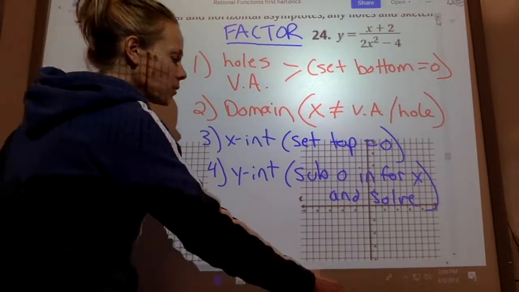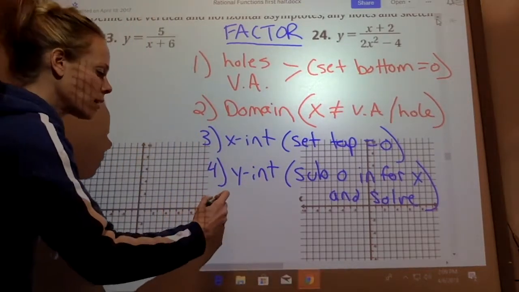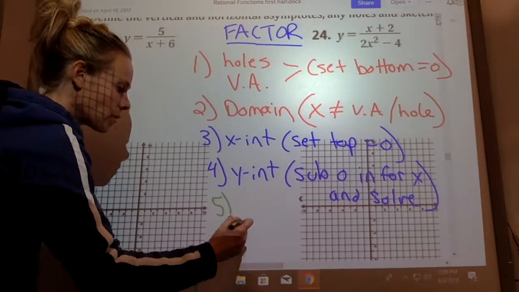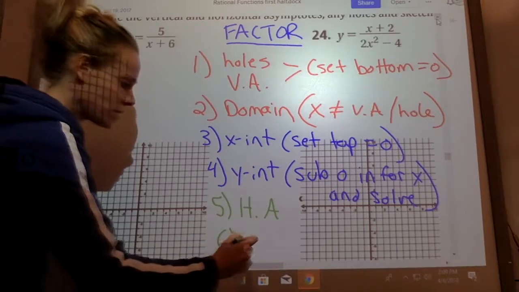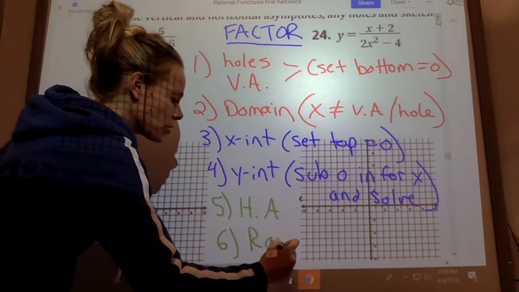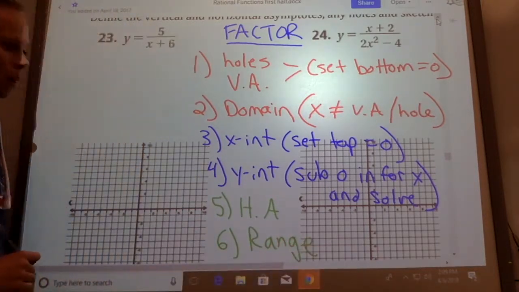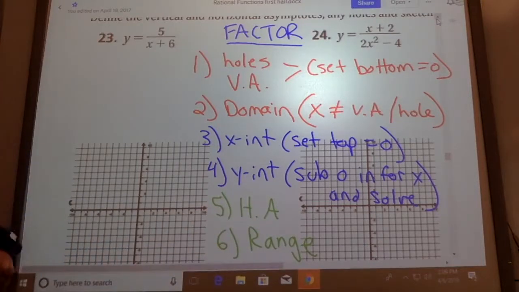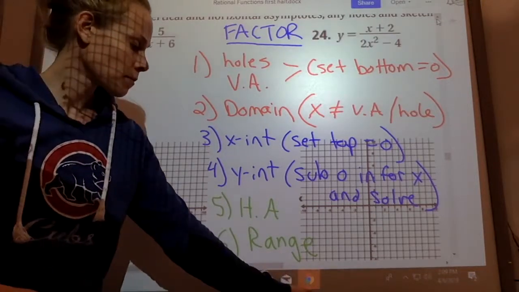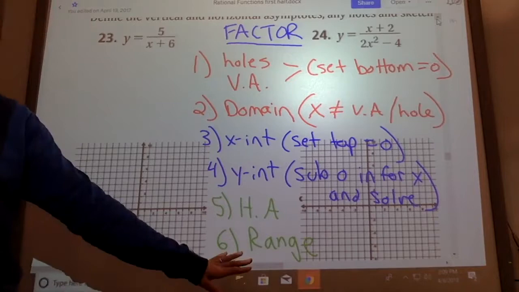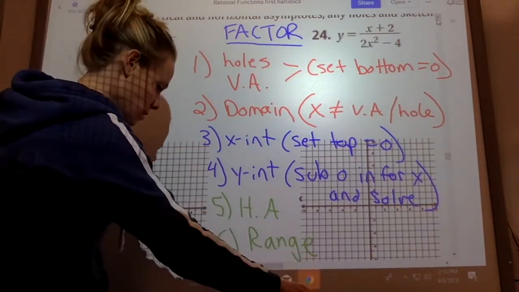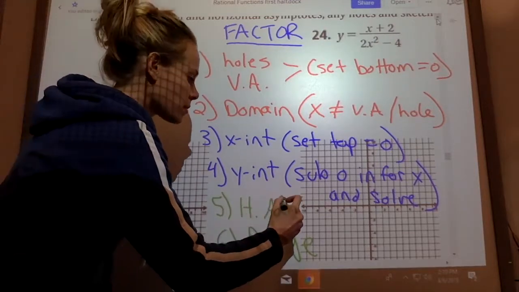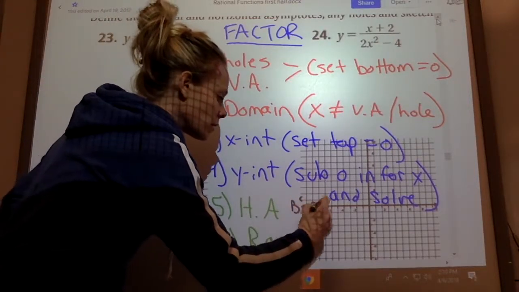So then we have the new part today. Horizontal asymptote and range. So we've got to go over horizontal asymptote here, and I have an acronym for that. You can write this acronym in your notes, and I'll explain what it means. It's BOBO BOTN EATS DC.